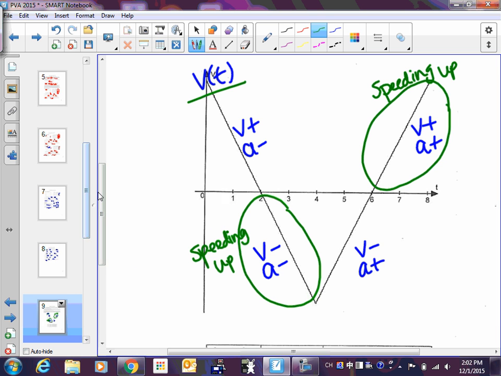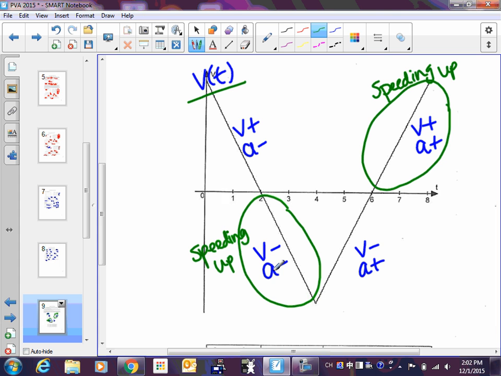Okay, yeah. Quick question. If you're speeding up when you're moving away, why is acceleration negative? Because you're speeding up, like your acceleration, like velocity, implies direction. So it's not intuitive to think a negative acceleration means velocity is decreasing, but it doesn't mean speed is decreasing.